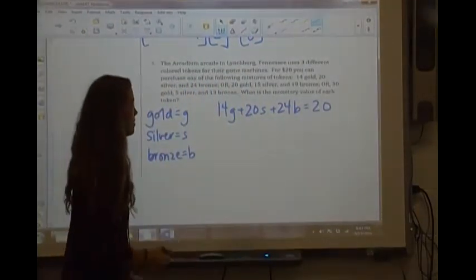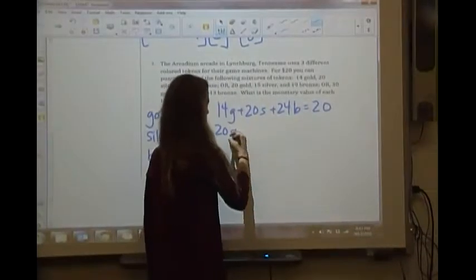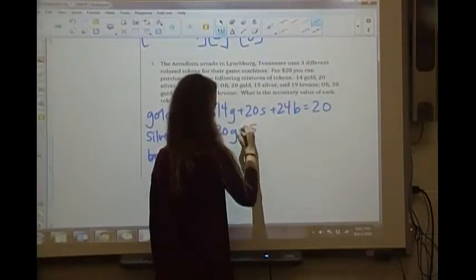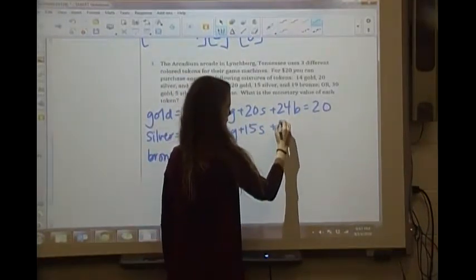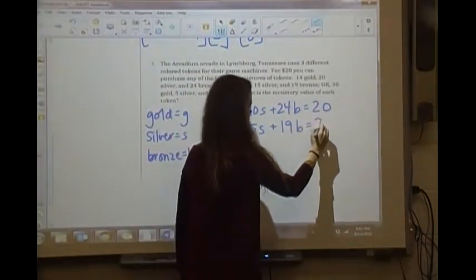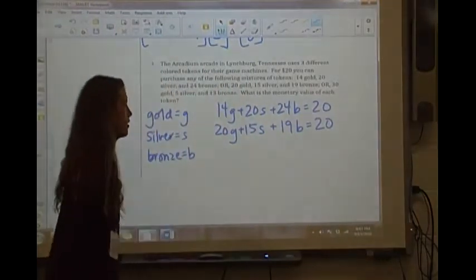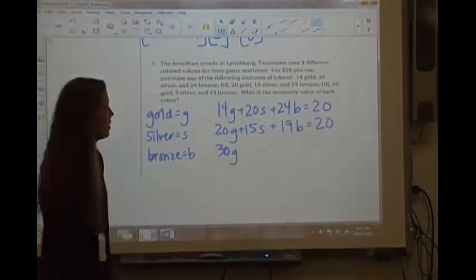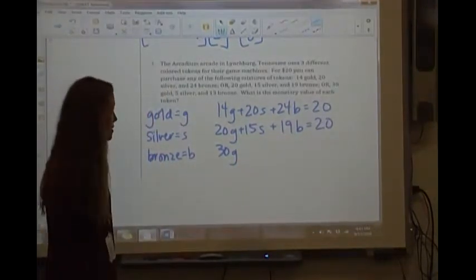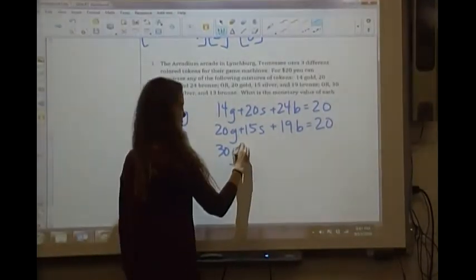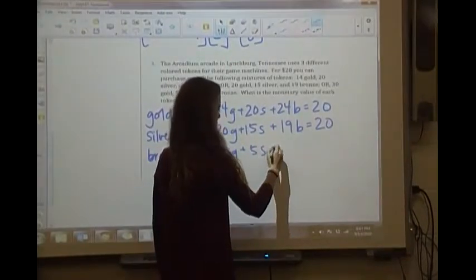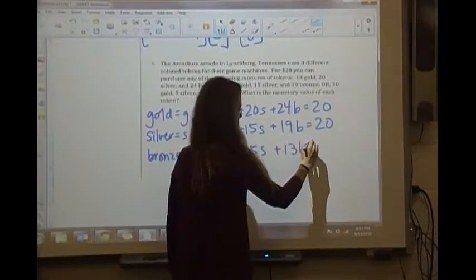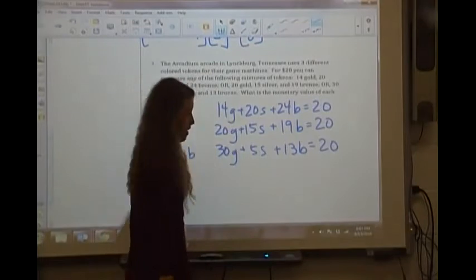The second scenario is 20 gold, 15 silver, and 19 bronze for also $20. And the final one is I can buy 30 gold tokens, 5 silver ones, and 13 bronze for, you guessed it, $20.